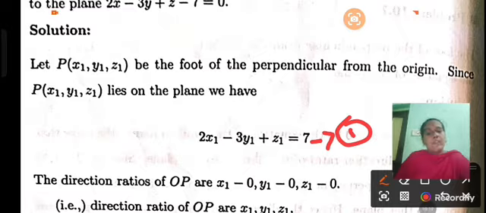Next, we recall the direction of the perpendicular. The perpendicular from the origin to the plane is along the normal vector of the plane. The normal vector of the plane is (2, minus 3, 1).